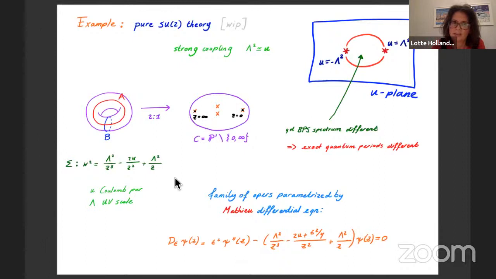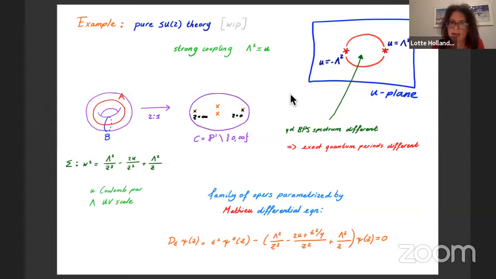The other generalization that you can make from this formalism is you can start thinking about Lagrangian theories in strongly coupled regions, or even non-Lagrangian theories. But I was not going to focus on the Lagrangian theories here. I was rather going to say a bit about what happens to the pure SU2 theory, for instance, in the strongly coupled region.